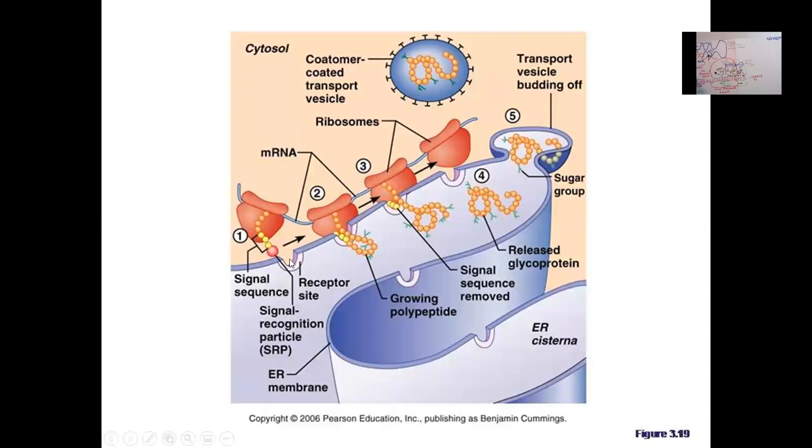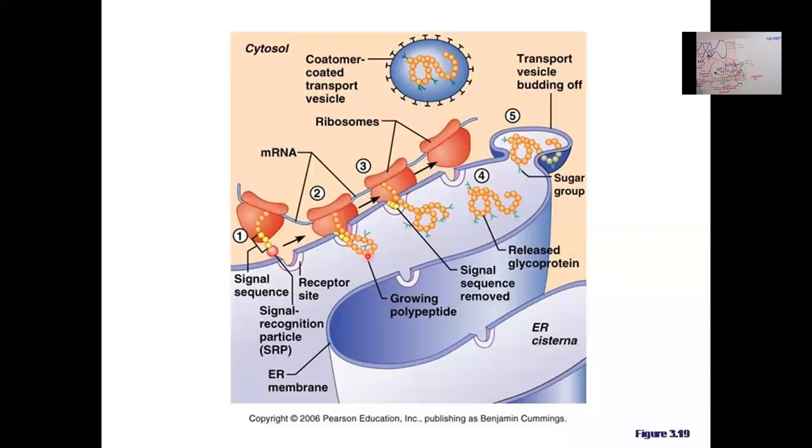Okay, this is kind of a prettier way of showing this. So here are those interconnected RER membranes. Here is the ribosome with its mRNA, right? When signaled, when this particular protein has a code within it that says it's going to go out of the cell someday, the ribosome binds to the RER membrane.